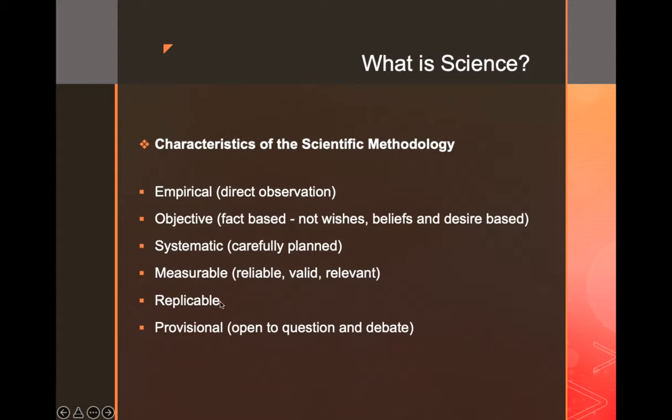And then it has to be something that you can do again and find the same or similar findings, which speaks to the replicable nature. And last but not least, it's provisional. So it's not something that you're stuck with. There are new discoveries that debunk old discoveries, and that's the nature of the scientific methodology.